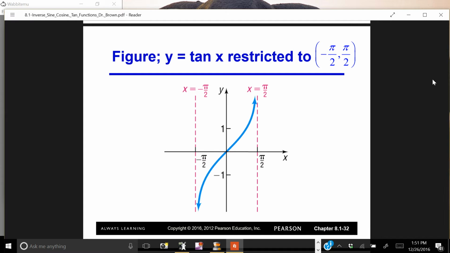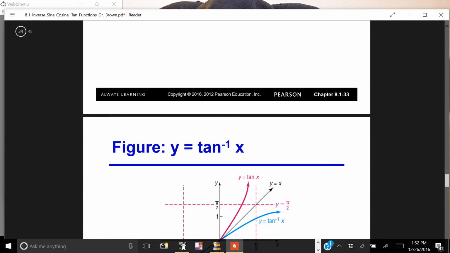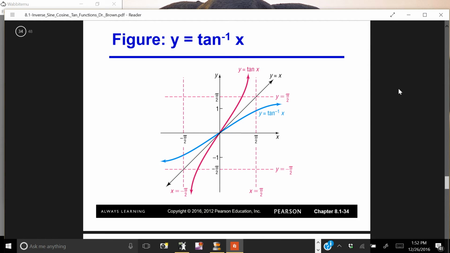So here is the tangent function restricted for x between minus pi over 2 and plus pi over 2. And we can imagine now that if we replace x by y and y by x, and flip the graph so that y is pointed in the right direction, we get the blue function here, the inverse tangent function.